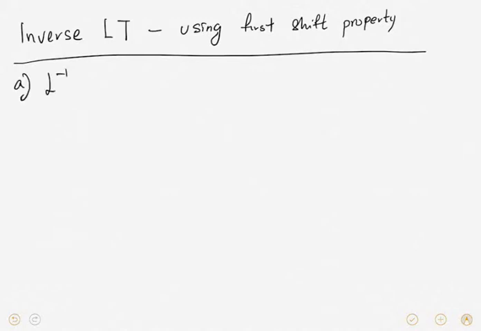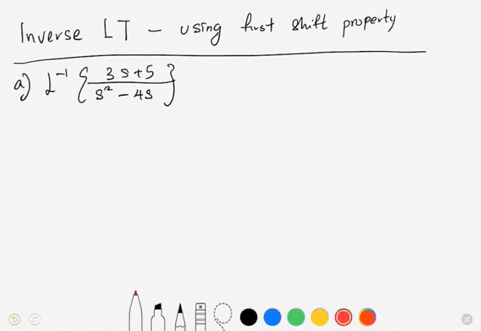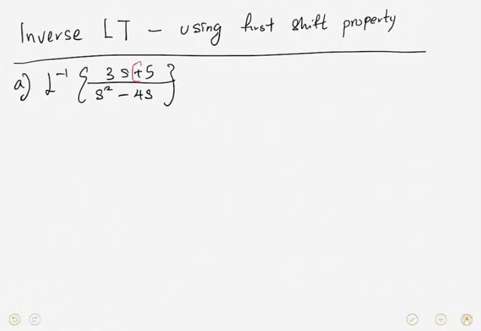Inverse Laplace transform of 3s plus 5 divided by s squared minus 4s. Okay, how are we going to solve this question? If you look here, we can separate into two because we have the plus here, and we take out the constant.